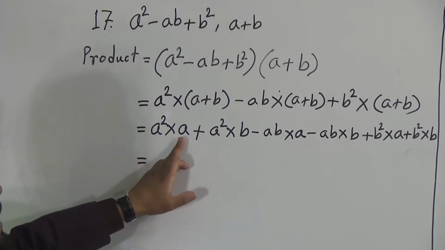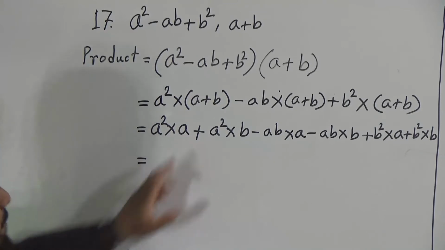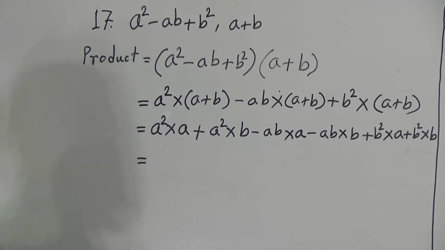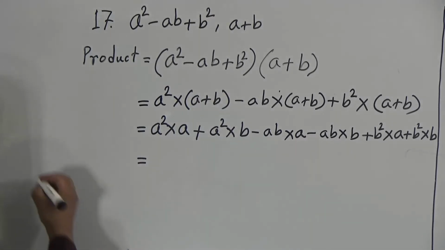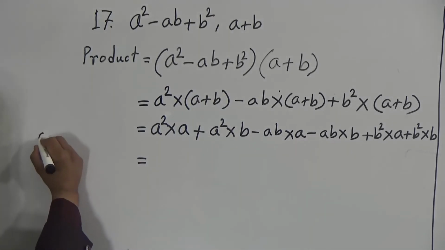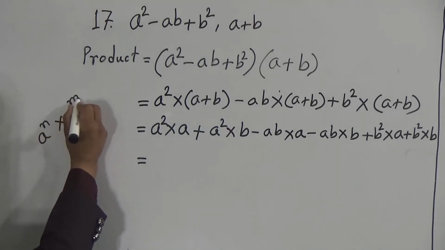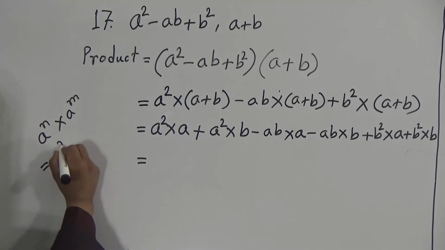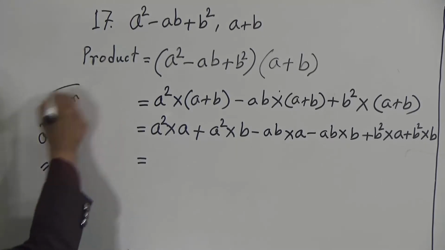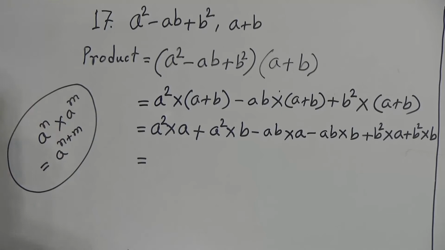This a square and a we need to multiply. When we multiply two similar terms, that means the same variable, we will follow the first formula. That means a to the power n multiplied with a to the power m is equal to how much? A to the power n plus m. This is our first formula. Have you forgotten it or not? Don't forget it please.